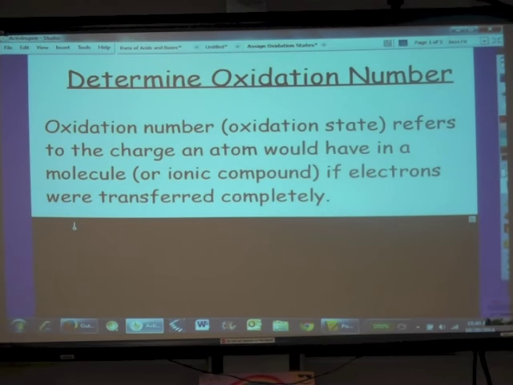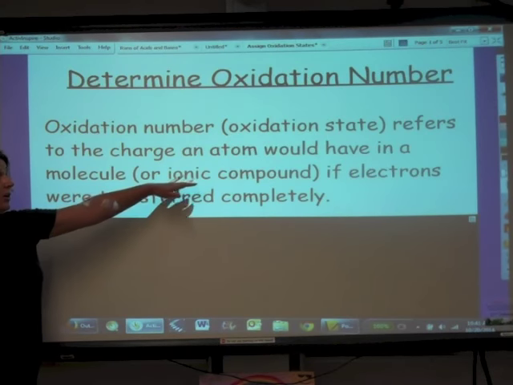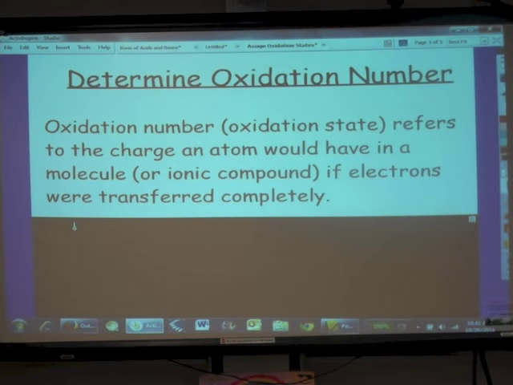Okay, so what we're learning really is a bookkeeping tool, and this can be slightly confusing because in ionic compounds, electrons are transferred completely to whatever they're getting bonded with. But in a covalent compound, electrons are being shared. But most of the time, they are not being shared equally.